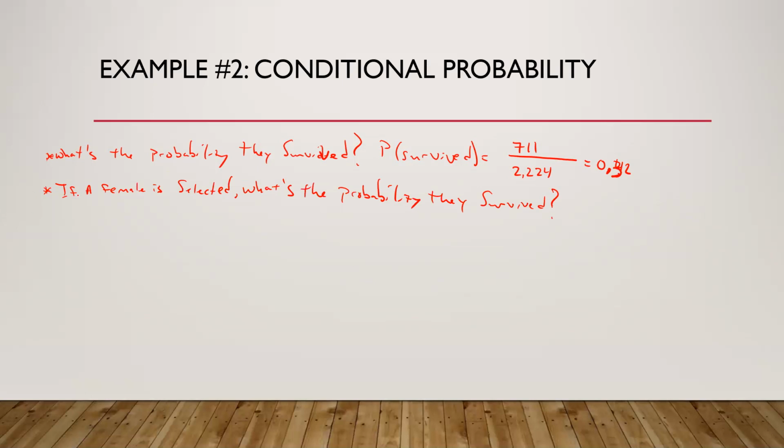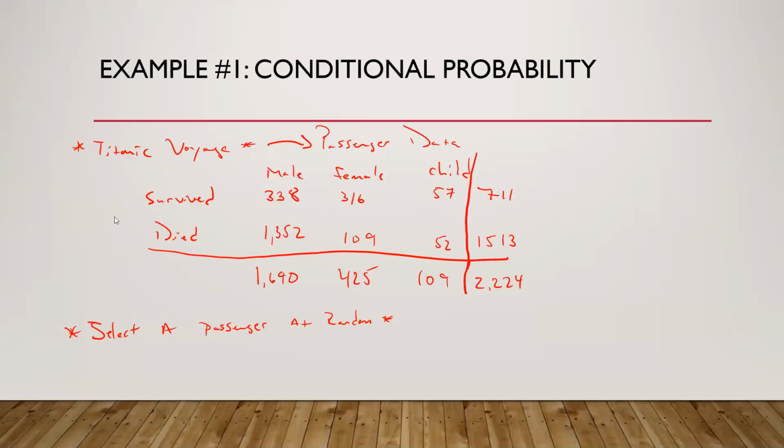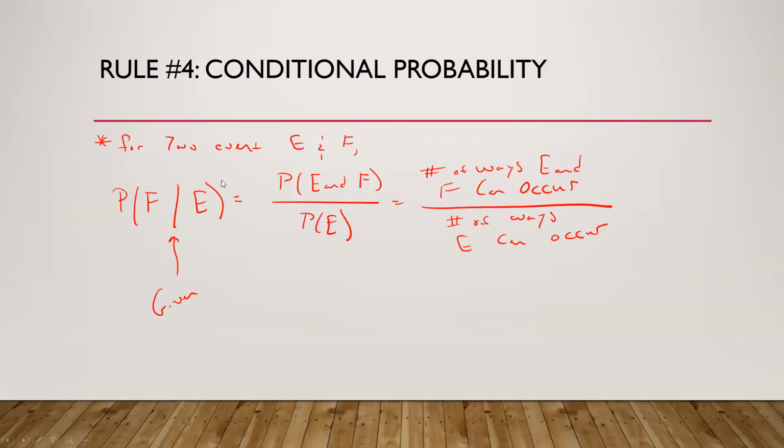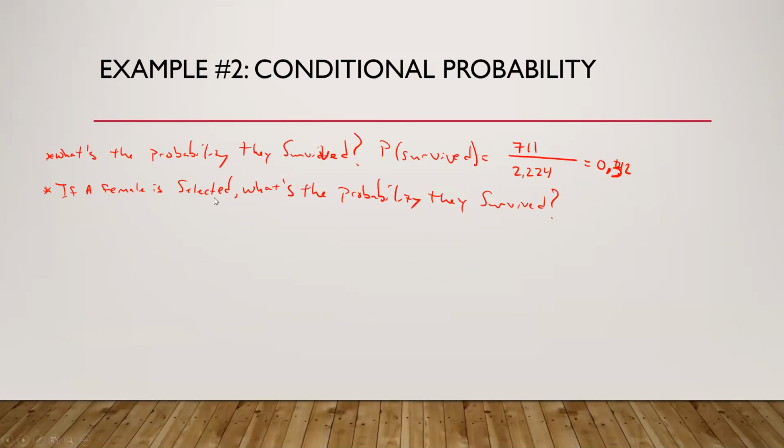Female. Yes, so going back to this formula, I'm giving you that they're a female. I'm giving you the E. I'm telling you given that they're a female. So it's the probability they survived given that they were female.